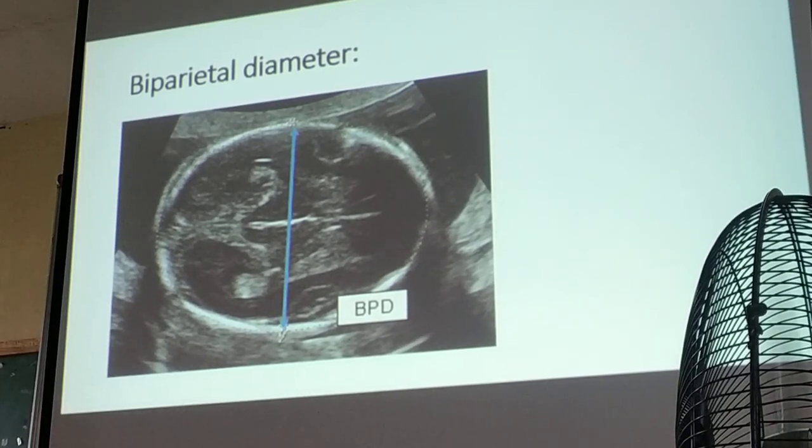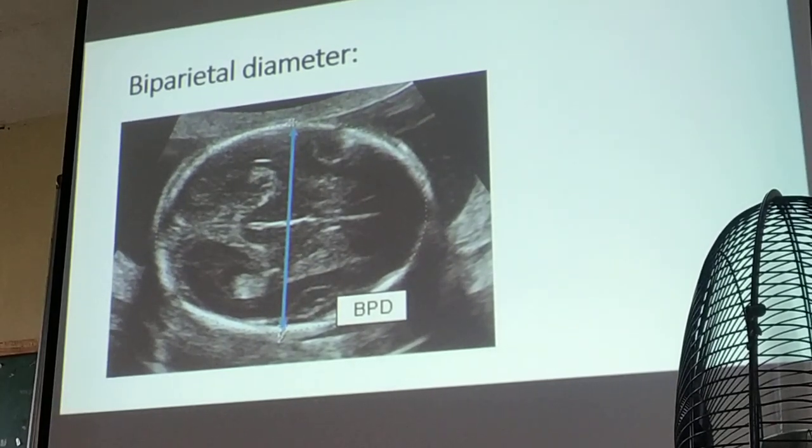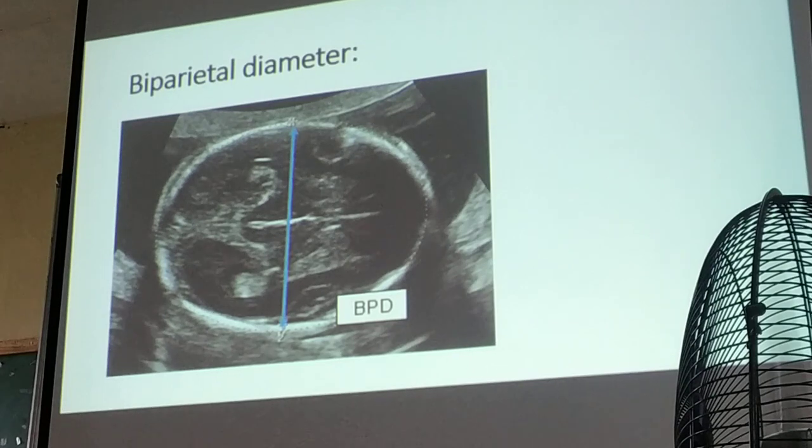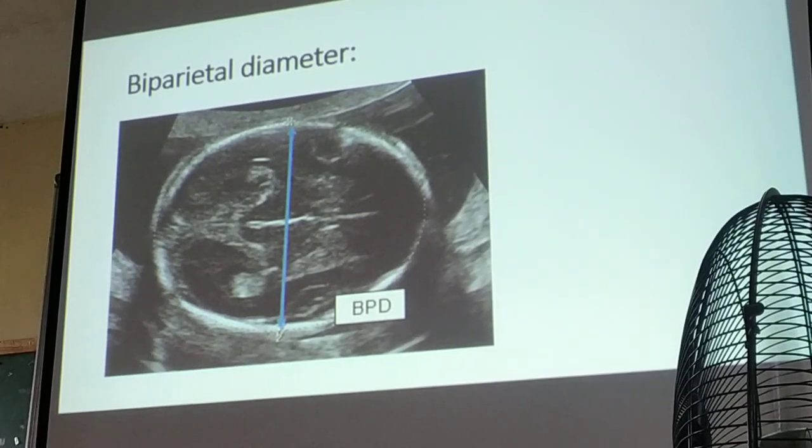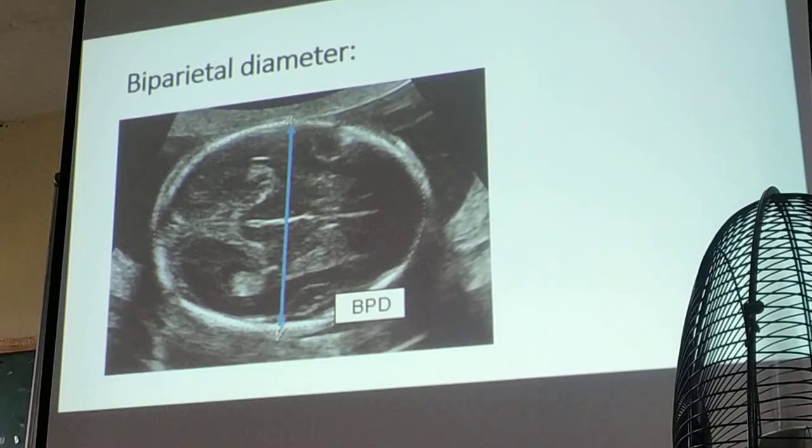Not unless you would see a discrepancy, okay? If the abdomen would measure something like 35 weeks and the femur length would measure something like 34 weeks and your BPD only measures 28 weeks, then you would consider microcephaly. You try to compare, okay? Plus or minus 2 weeks would be the average, okay?